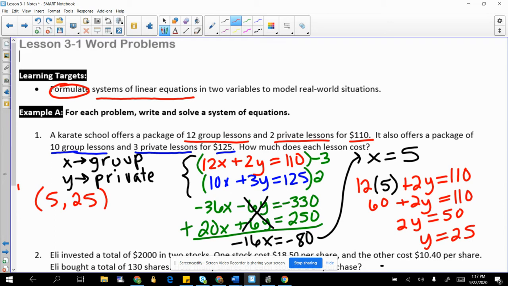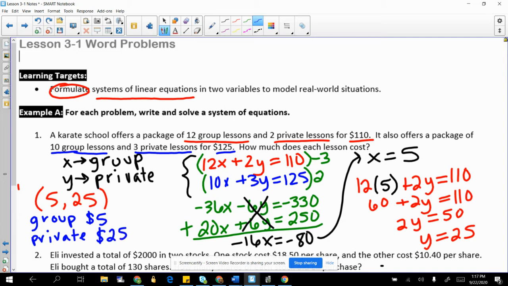And then if we think about what that actually means in the context, it means that group lessons cost $5 and private lessons cost $25.